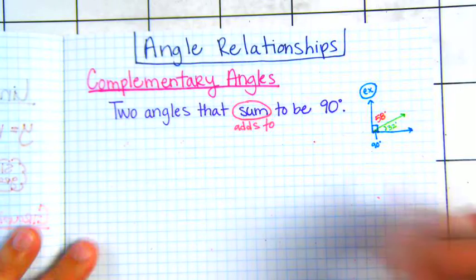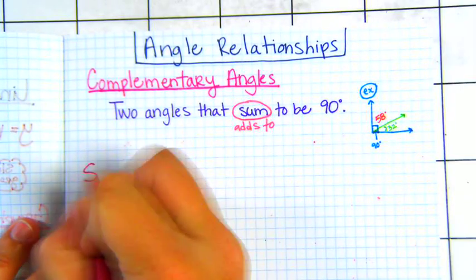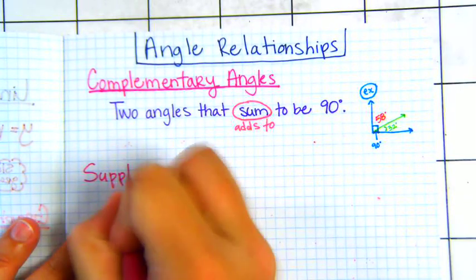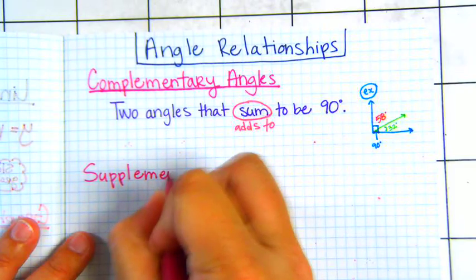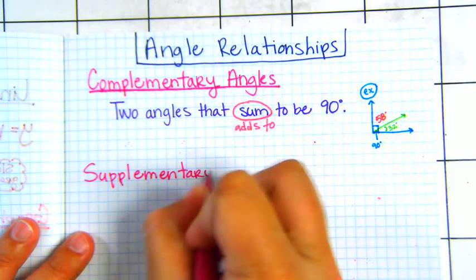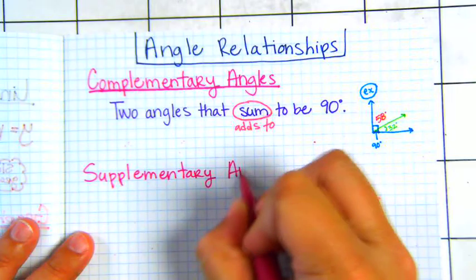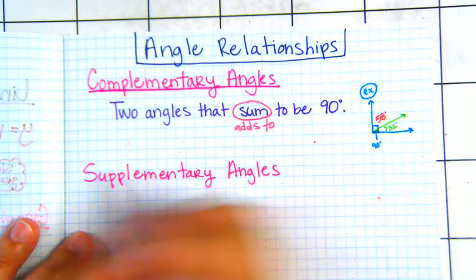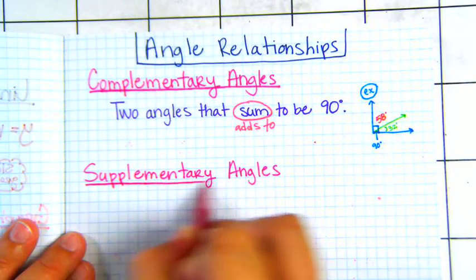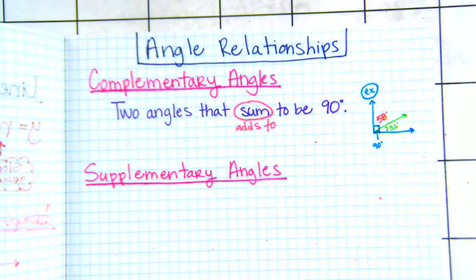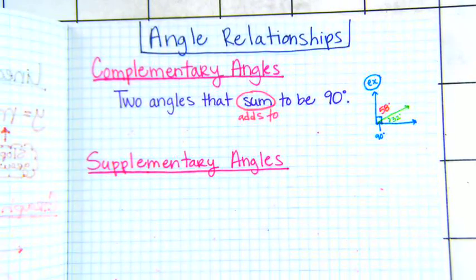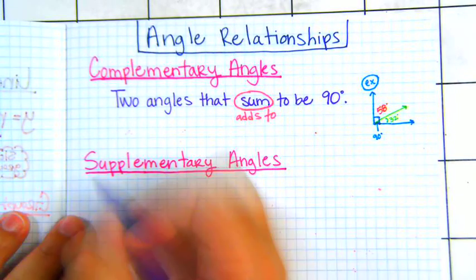The next set of angles we're going to talk about are supplementary angles. And supplementary angles are two angles that sum to be 180 degrees.